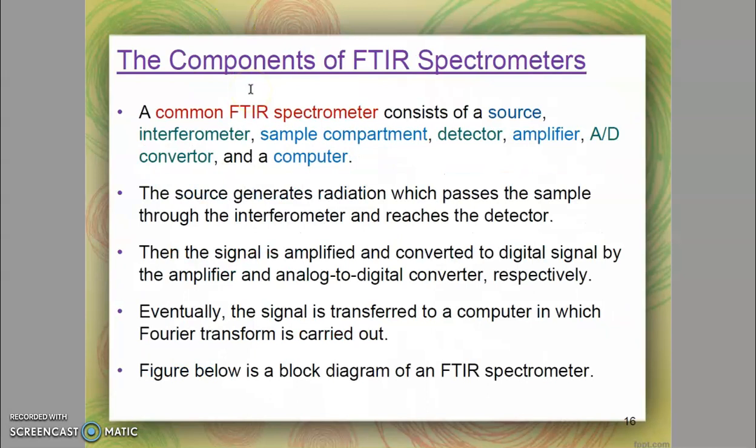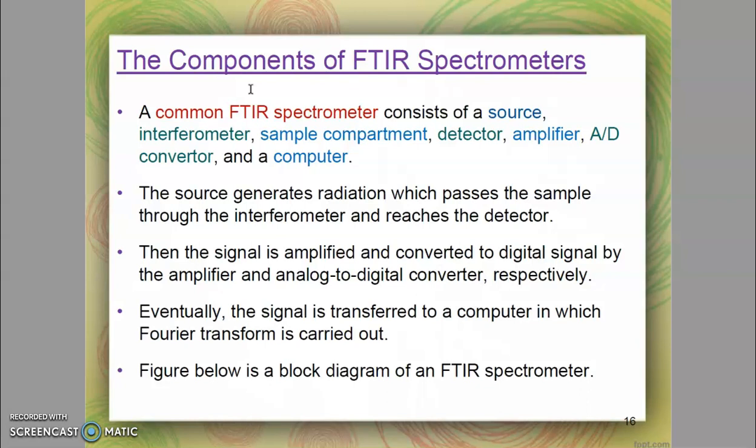The components of an FTIR spectrometer. The main components of the spectrometer consist of a source, interferometer, sample compartment, detector, amplifier, A/D converter, and a computer. The source generates radiation which passes through the interferometer and the sample and reaches the detector.